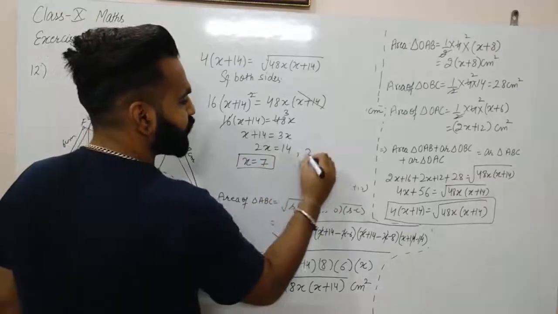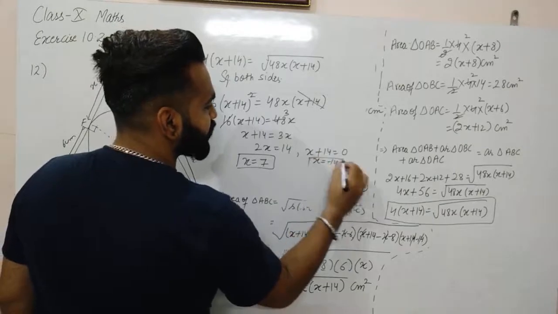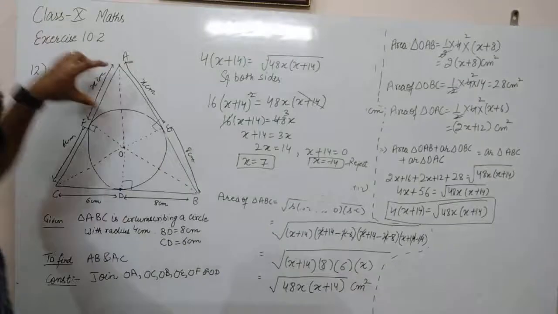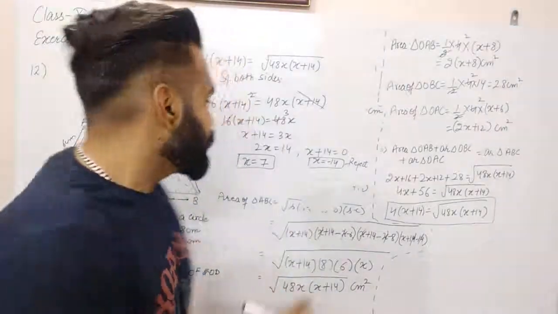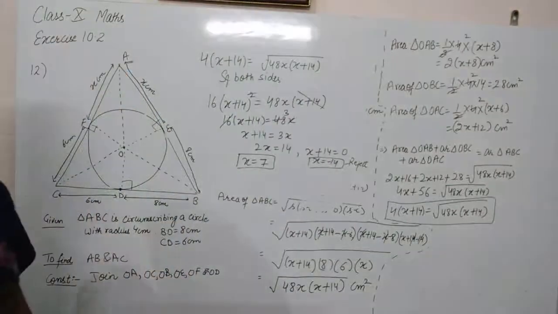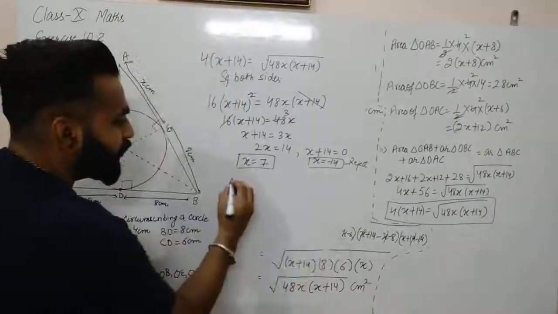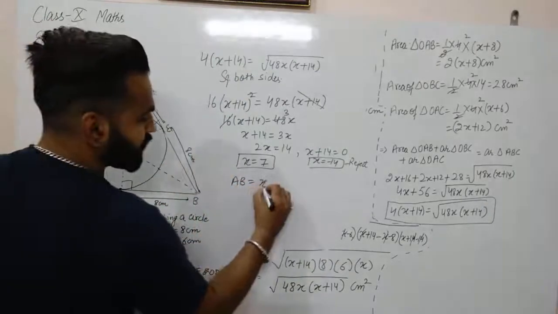And once we put this factor equal to 0, x will be minus 14. This value will be rejected because x is the length of the side and the length cannot be negative. So the value of x is equal to 7. So therefore we can write AB is equal to x plus 8.